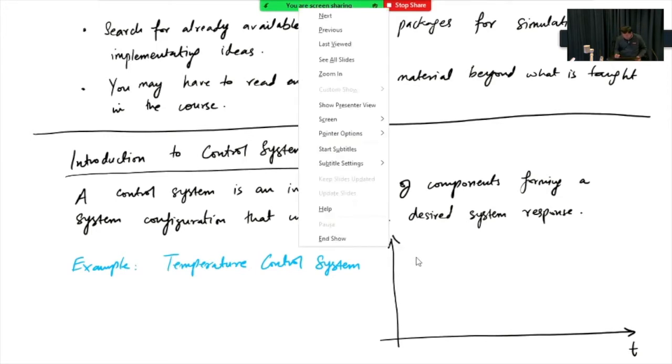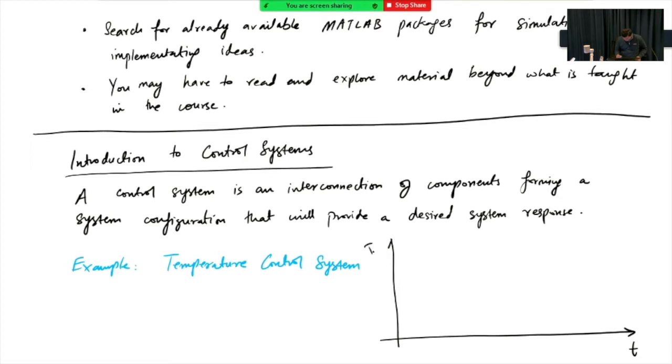Let's say there is a temperature here on the y-axis, and you're measuring the room temperature over time, and your desired temperature is this level. Now if you turn on or off the HVAC, then you will have a change in temperature over time, and it could have different trajectories.